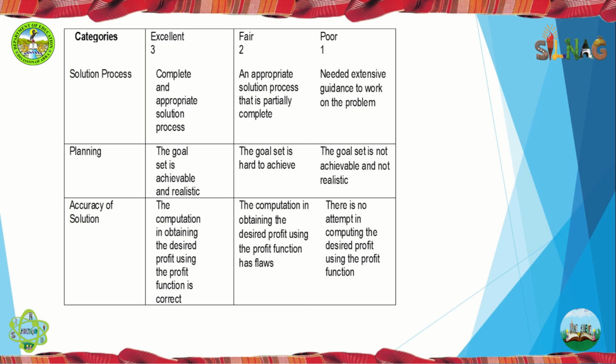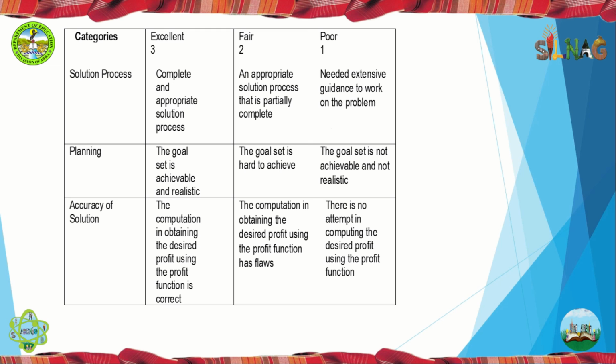Then for planning, the goal set is achievable and realistic, 3 points. For 2 points, the goal set is hard to achieve. 1 point, the goal set is not achievable and not realistic.